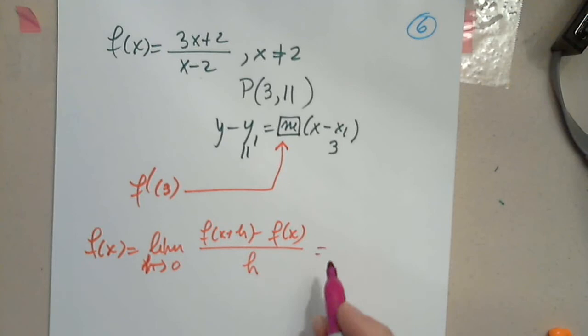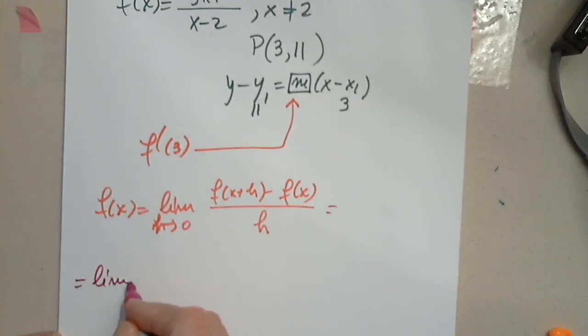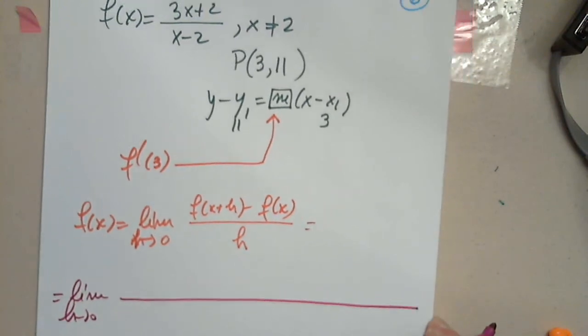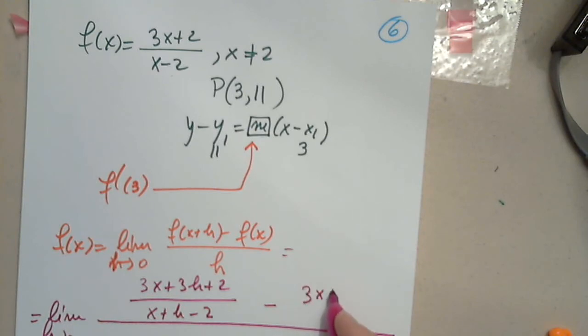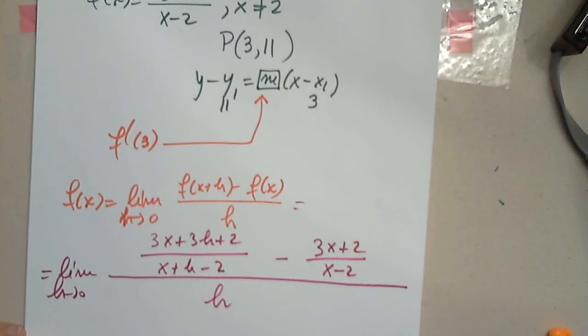Now I have to determine this. I plug in x plus h, so I get (3x plus 3h plus 2) over (x plus h minus 2), and then minus (3x plus 2) over (x minus 2), divided by h.